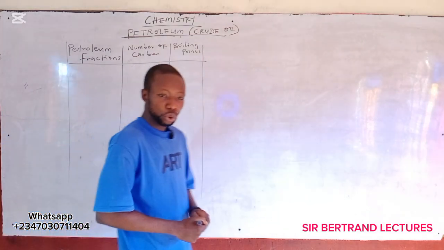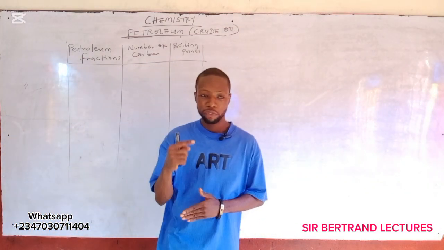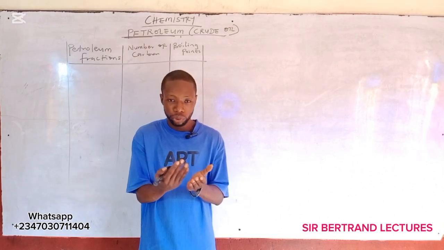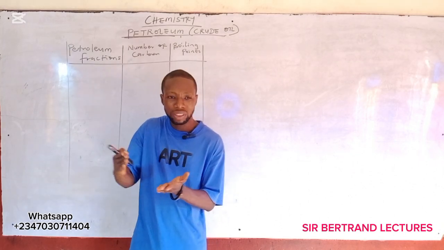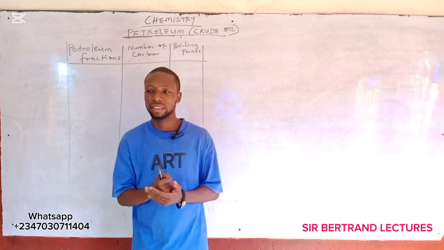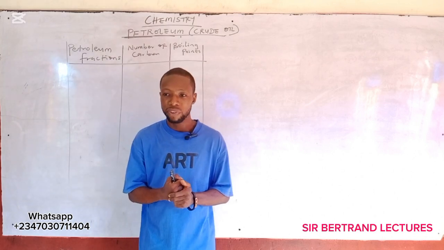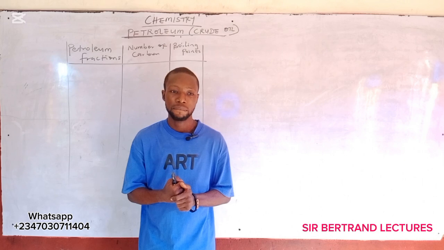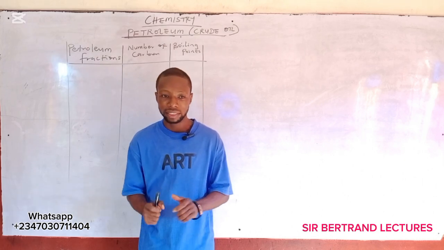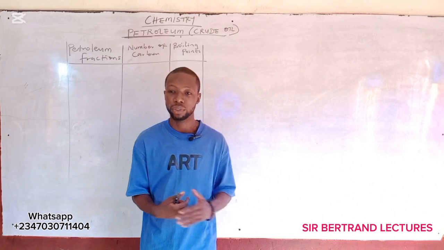You know, during the refining of petroleum, petroleum is used to produce other components, other organic substances, which are also very useful in our daily life. Petroleum is used during the refining process to produce other petroleum fractions.